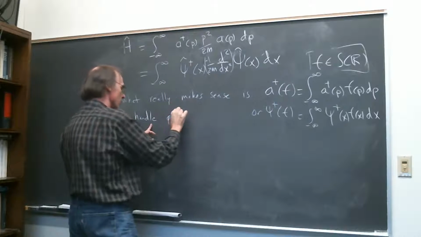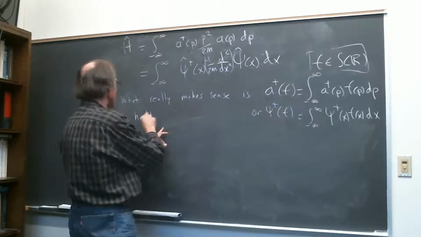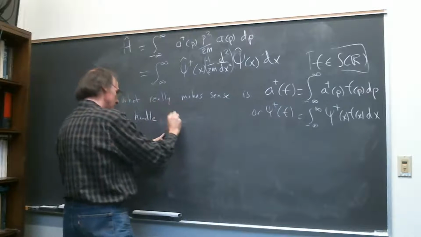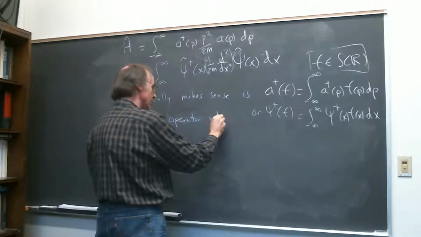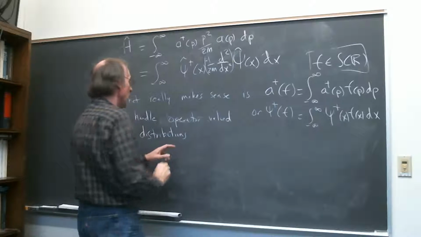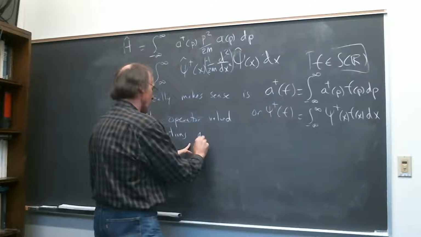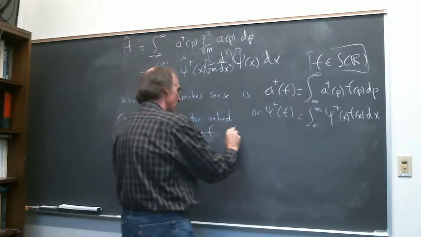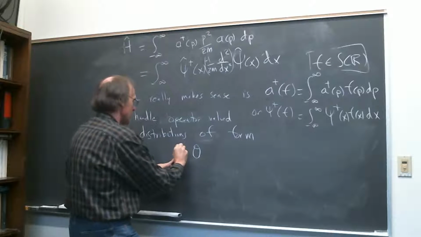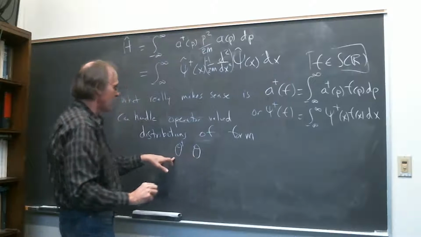But what you can do here, let's say it this way, is handle quadratic operator valued distributions like these, of the form: a distribution valued operator of a certain kind, and then another kind of an adjoint.